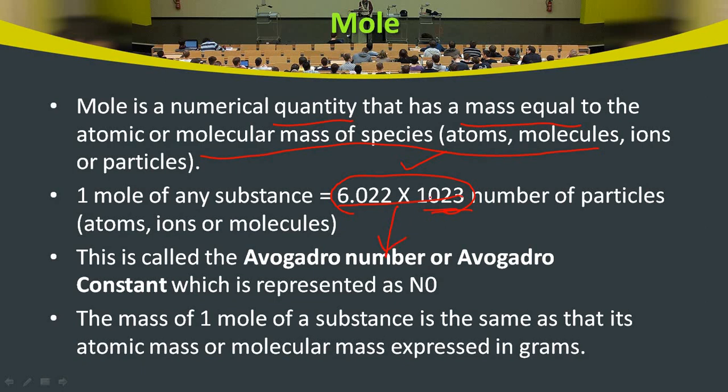So the mass of 1 mole of substance is the same as its atomic mass or molecular mass expressed in grams. So always remember that mole is a numerical quantity and that has a mole mass equal to the atomic or molecular mass of the species. So its value always remains constant. It is called Avogadro constant, 6.02 into 10 to the power 23 numbers.